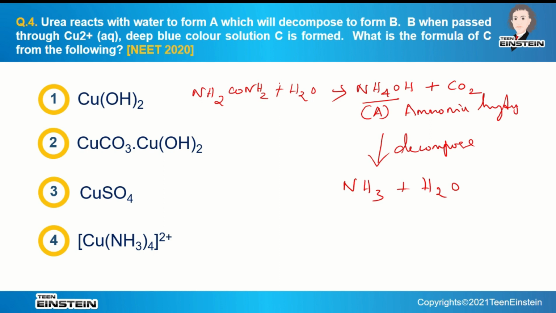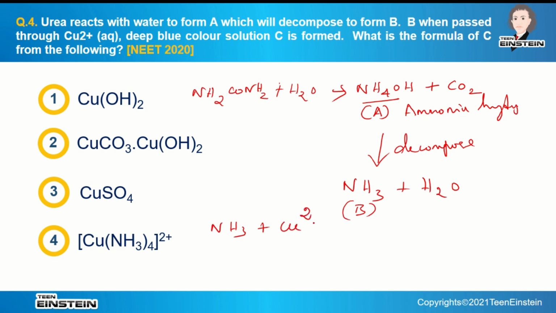So ammonium hydroxide undergoes decomposition and produces ammonia, which is B, and water molecule.